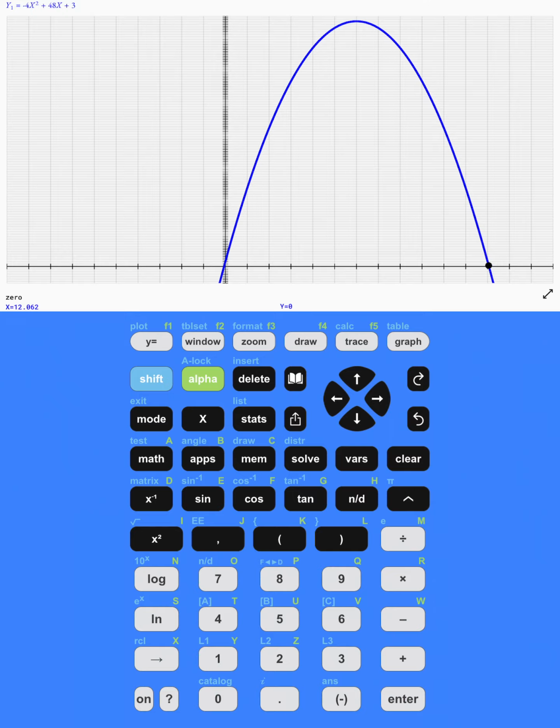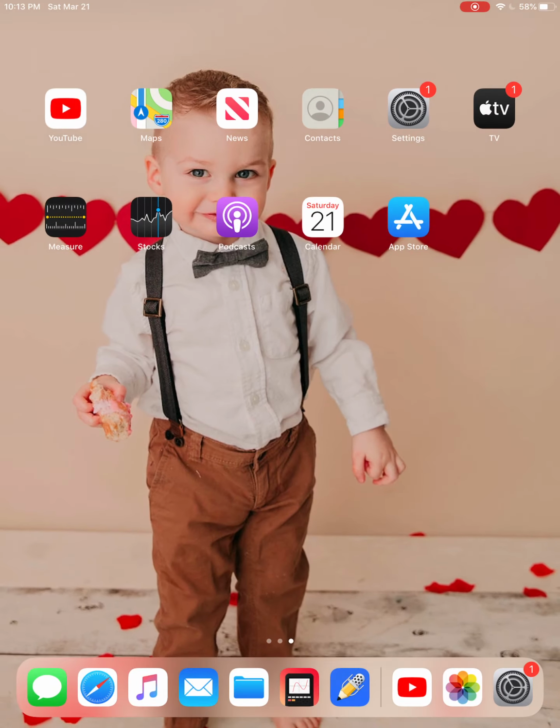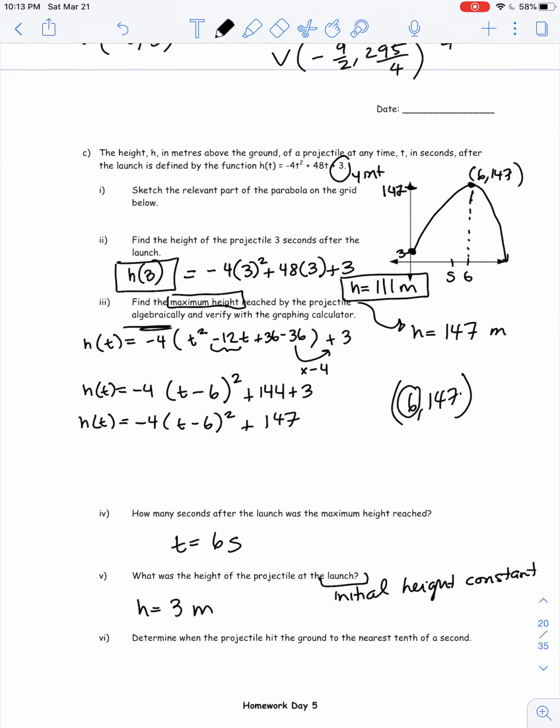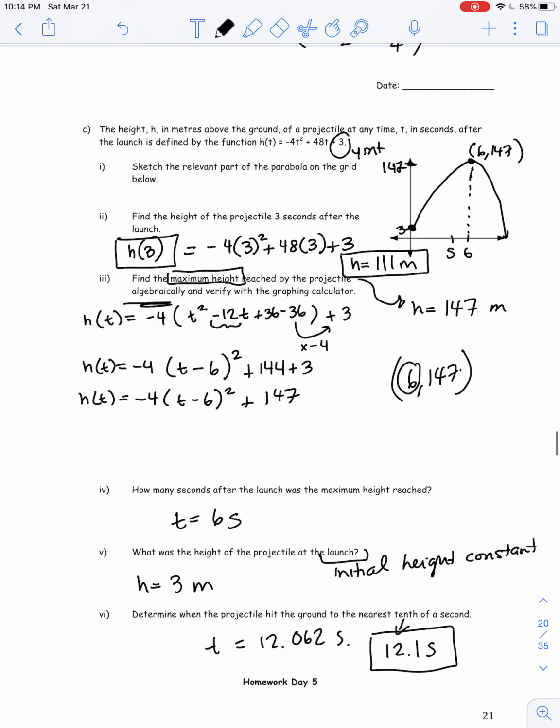And it should be at 12.062 seconds. Okay, or you can round it to like 12.1 seconds to the nearest tenth because that's what they want. So you need to round it to 12.1 seconds for it to be fully correct.